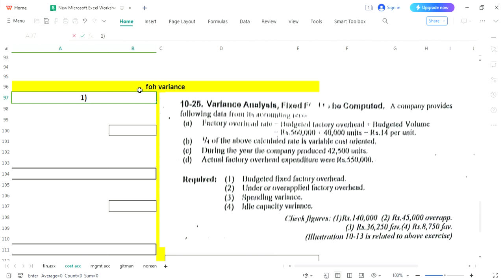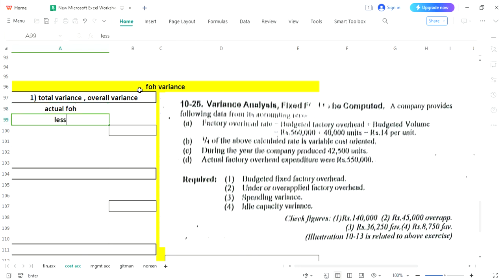variances. First variance is total variance. It is also called overall variance, for which we need to have actual FH, and you will subtract applied FH from it. You will calculate variance by taking the difference of actual and applied, and then you will conclude by focusing upon applied FH.